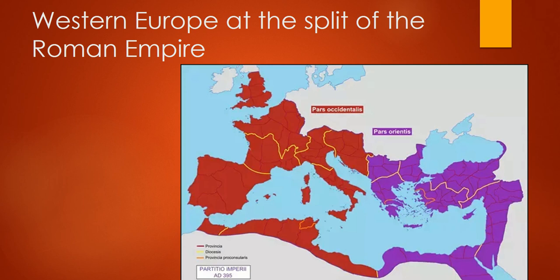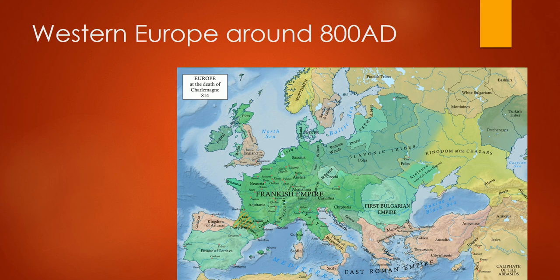When we look at the next image, we see that sometime around 800, when Charlemagne comes to power, what used to be one major area ruled by Rome becomes a broken up set of kingdoms and empires, and there's this mixture of people. By this time, there's complete fragmentation. There is no consistent rule of law in the area that used to be the Roman Empire. All right.